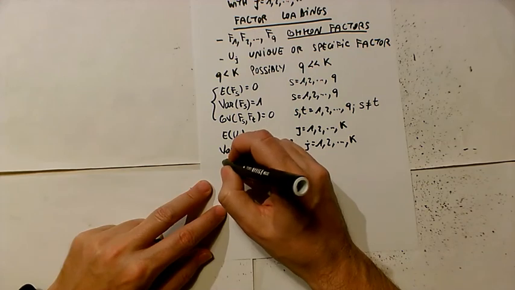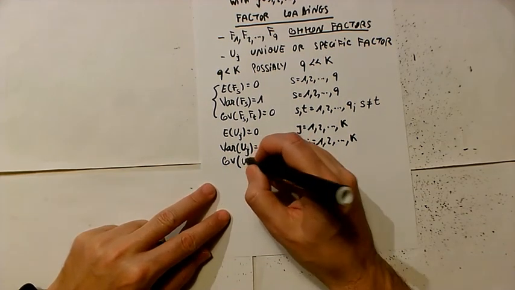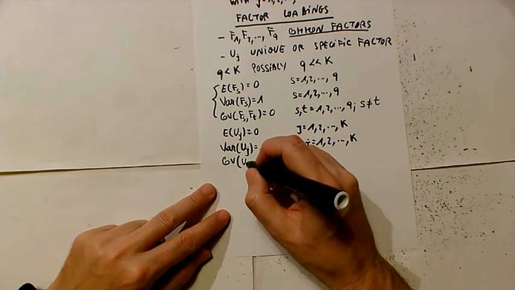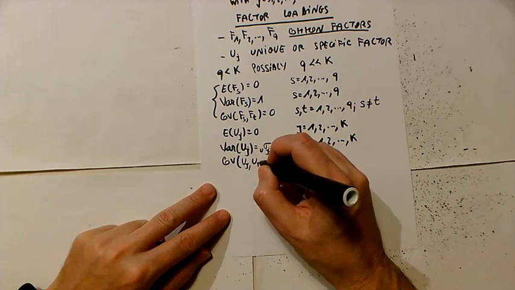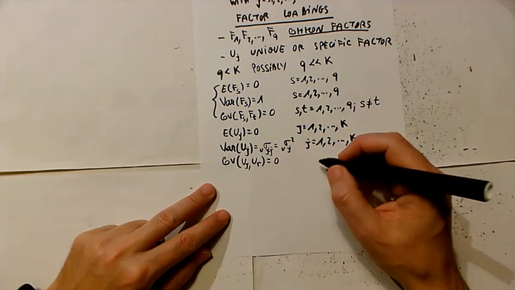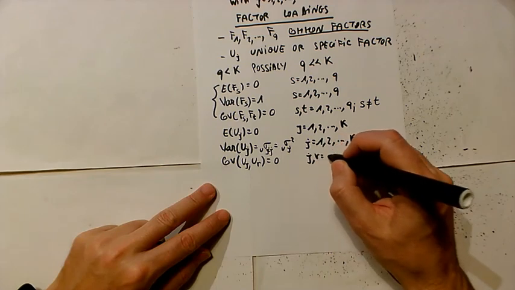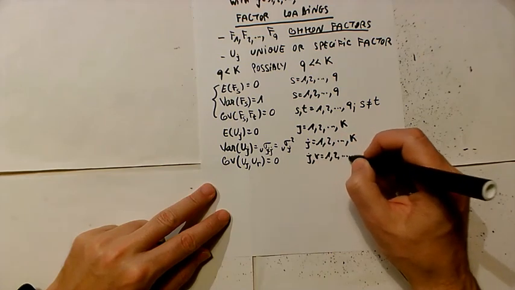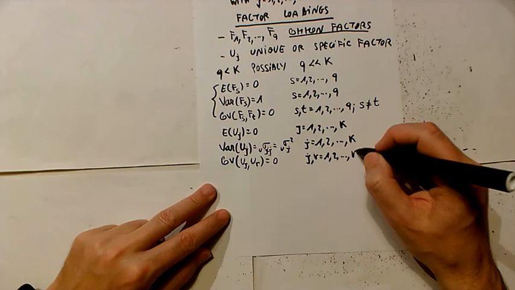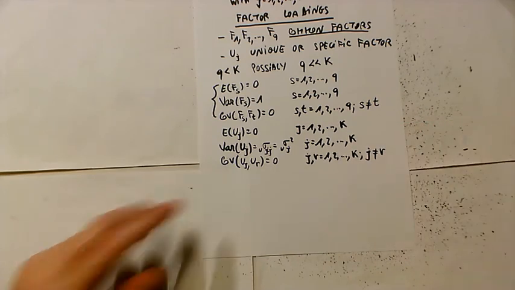And the covariance between couples of unique factors uj, ur is equal to 0 with j and r equal to 1, 2, up to k, and j not equal to r.